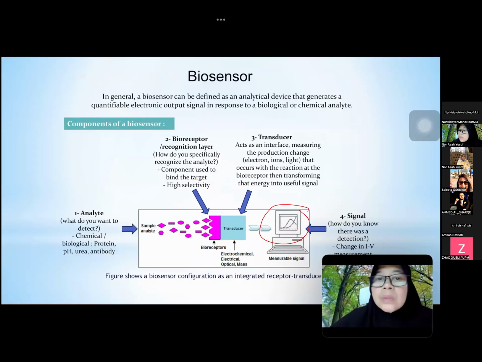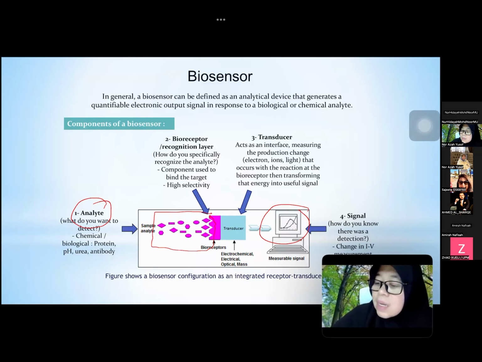Okay, so I hope that you remember. So the analyte, just to recap, the analyte is the one that we wish to detect, whatever it is. Previously, I have given you an example of oxygen in blood, where you use a smartwatch to check the oxygen level.